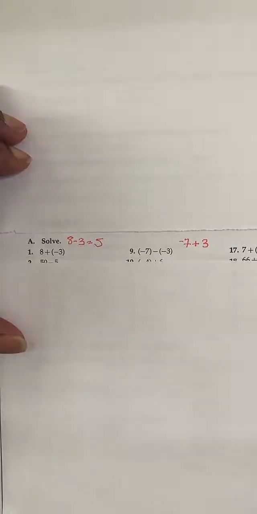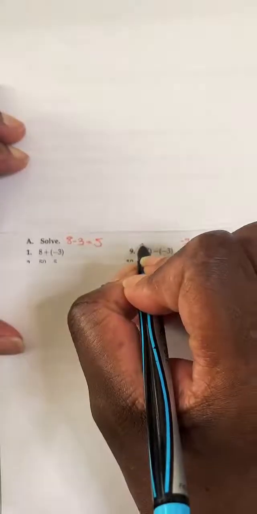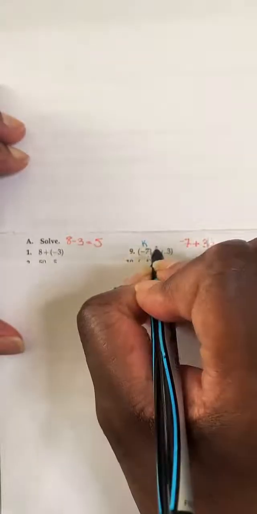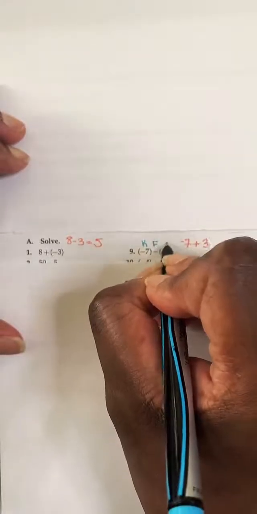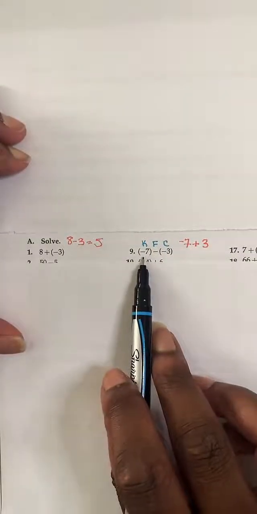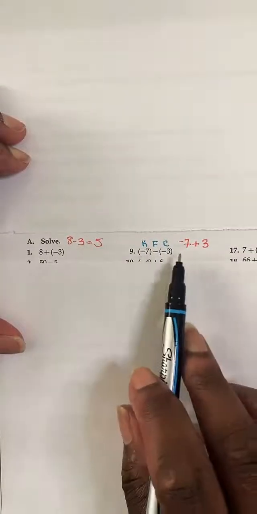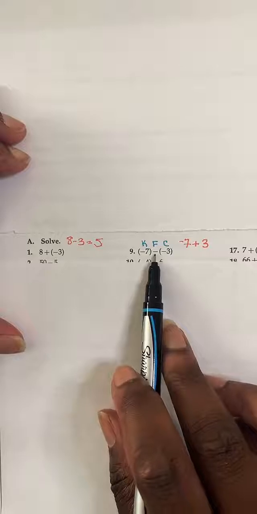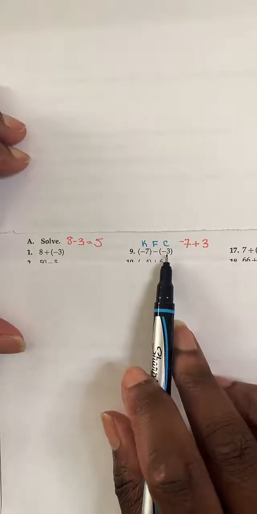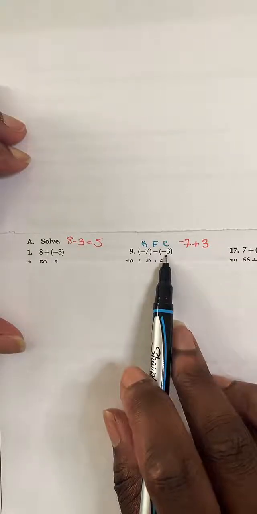One of the ways that kind of helps me, it may or may not help you, but I think it will, is what's called keep, flip, change. You're going to keep the first number. You're going to flip that minus to a plus, and then you're going to change the sign from a negative 3 to a positive 3.